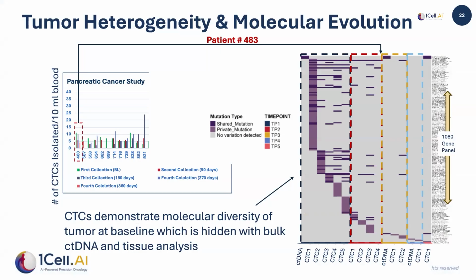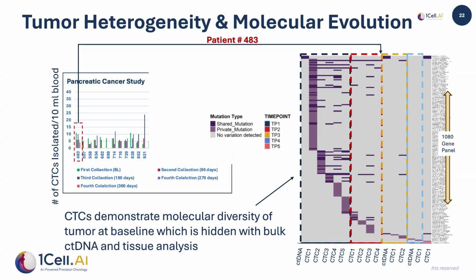So this emphasizes the point that we've kind of always known, but here we have clear-cut evidence for it. Pancreatic cancer, and probably every other cancer, has a lot of tumor heterogeneity. And in addition, with time, that tumor heterogeneity becomes worse. It undergoes molecular evolution.